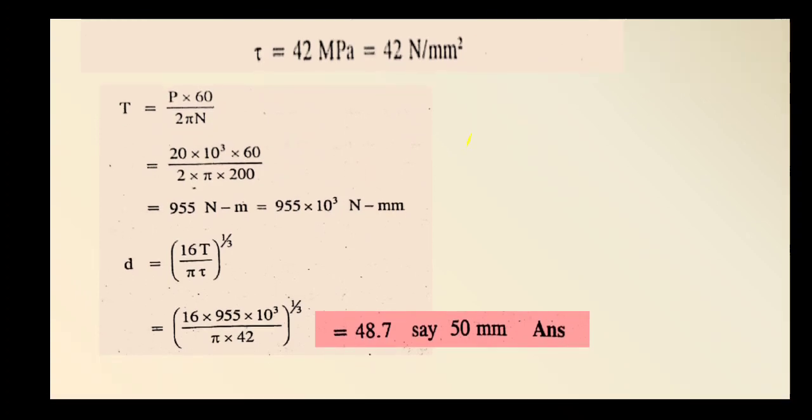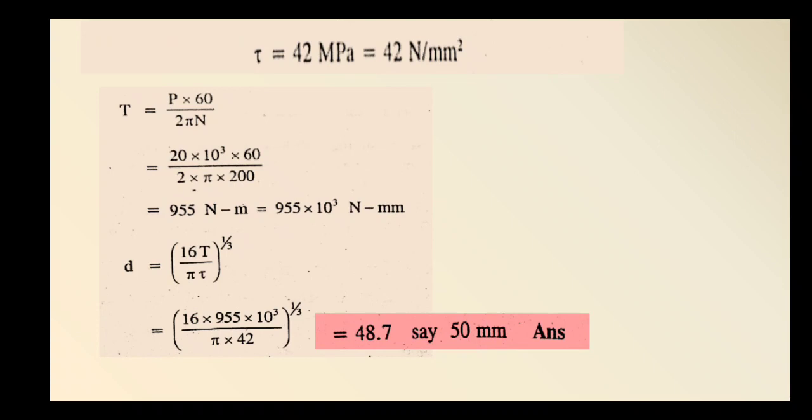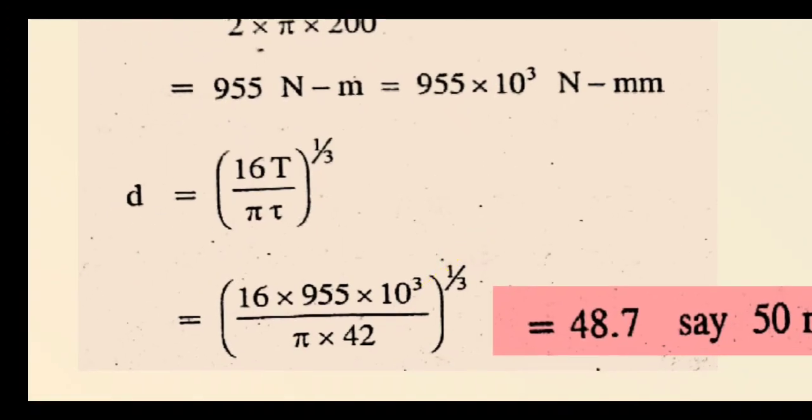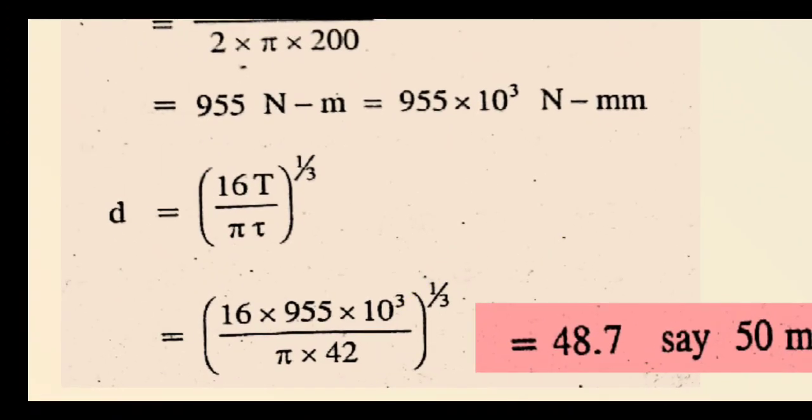With the help of it, diameter D is equal to 16 into T divided by pi into tau, raised to 1 by 3. You have to remember this formula while solving for the diameter of the shaft. So just see the slide: D is equal to 16 into T divided by pi into tau, raised to 1 by 3.